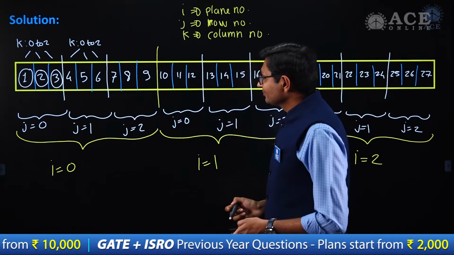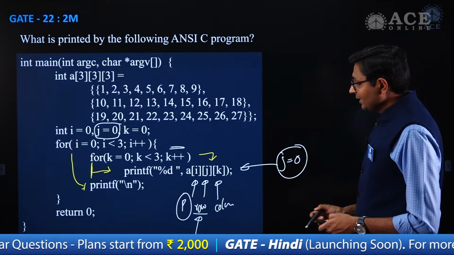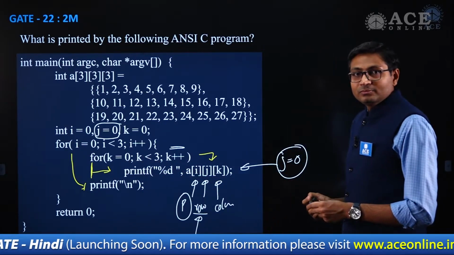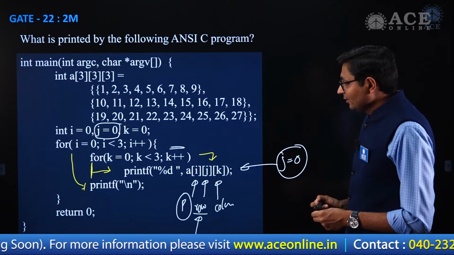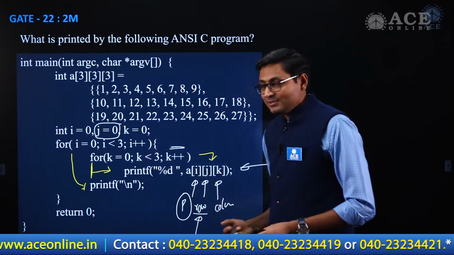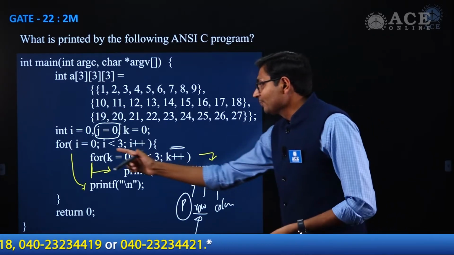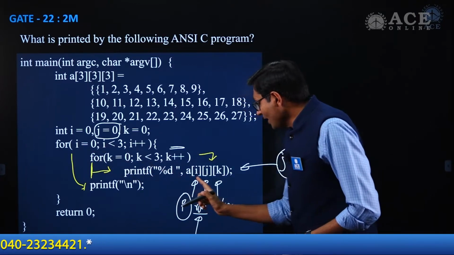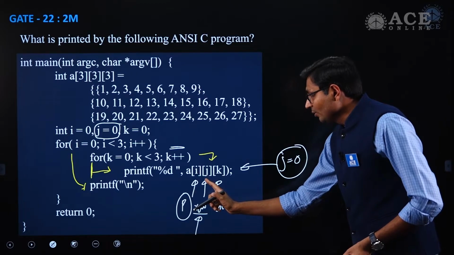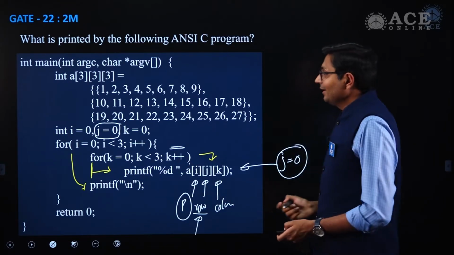Next, in the next inner loop, I'm sorry, the I value is 0, now I plus plus. This is done. 3 times it is done. 3 values are printed. Next, I value 1, 1, 0 constant, 1, 0, k varies from 0 to 2, right?